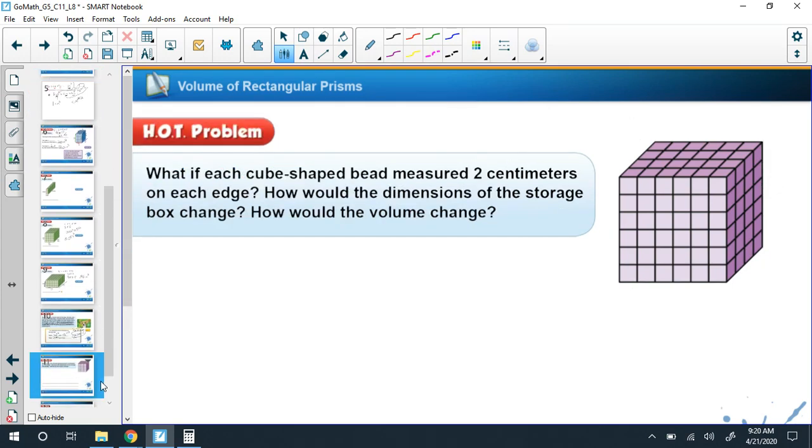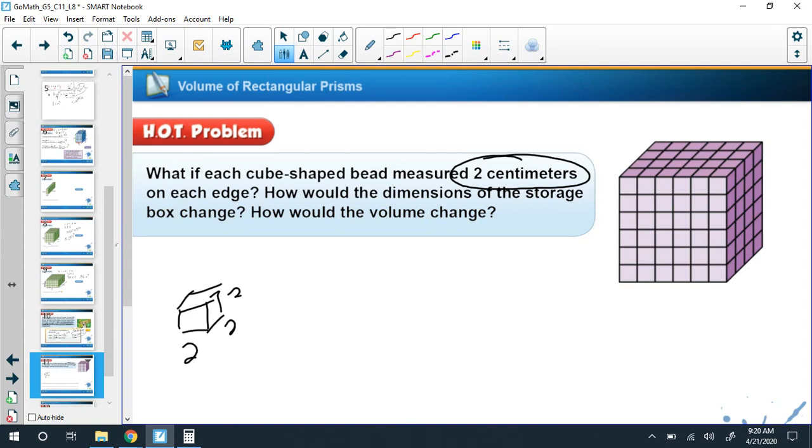So the question down here is, what if each cube shape bead measured 2 centimeters on each edge? Right, so instead of it being a 1 by 1 by 1, it's a 2 by 2 by 2. What would happen to our volume here?